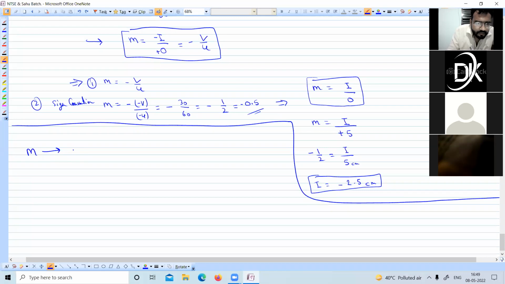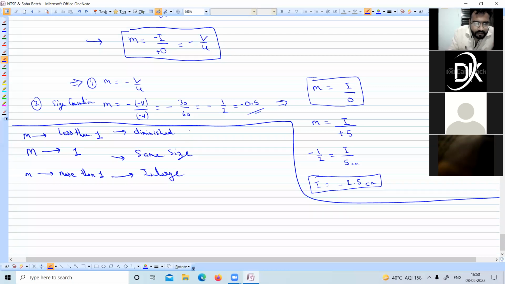Magnification 1, magnification less than 1, magnification more than 1. Magnification 0 means a point size image. Magnification 1 means same size, then enlarged. This is one thing.